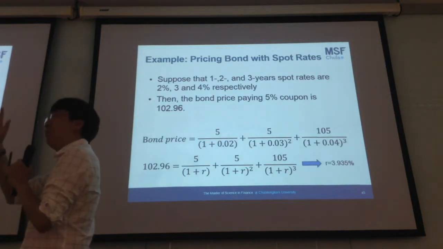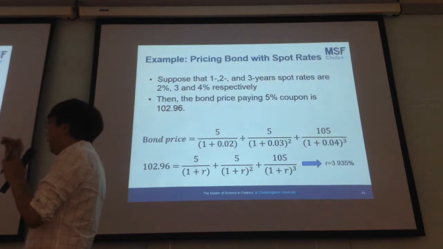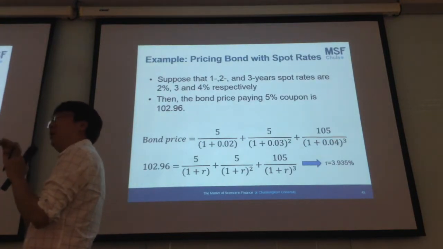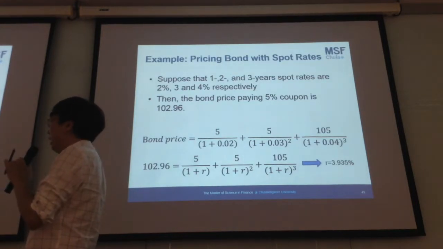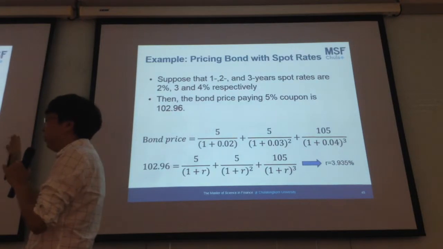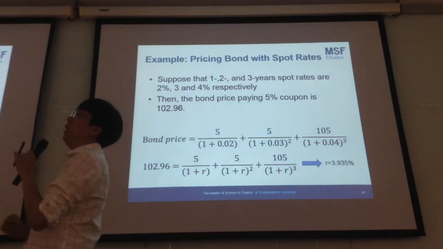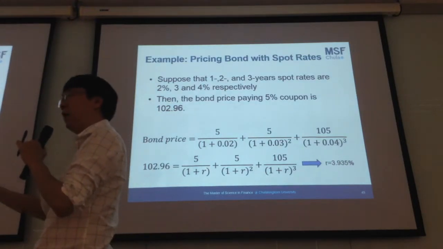So what we have done before, basically, is use the average yield or average return, which we apply to all cash flows at different maturities. However, ideally this one is more appropriate because we consider the risk at the time of the cash flow, right?